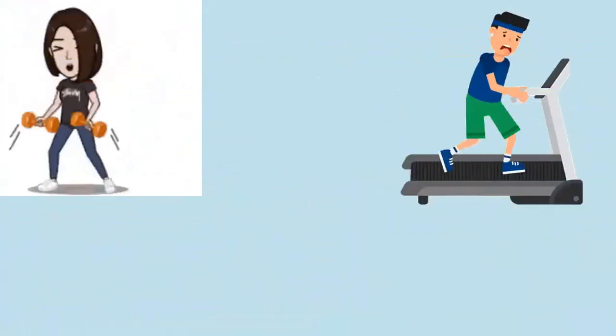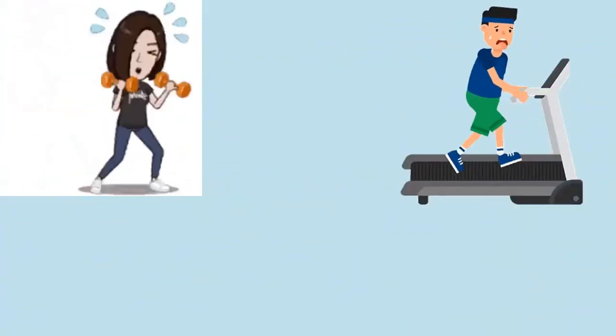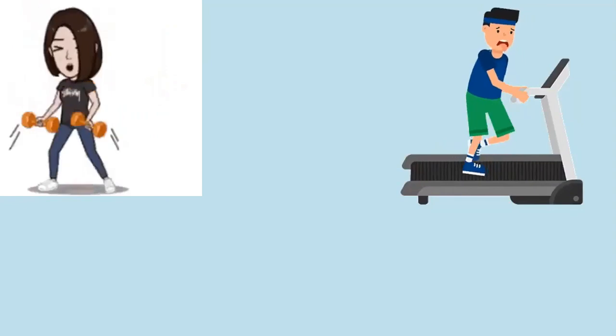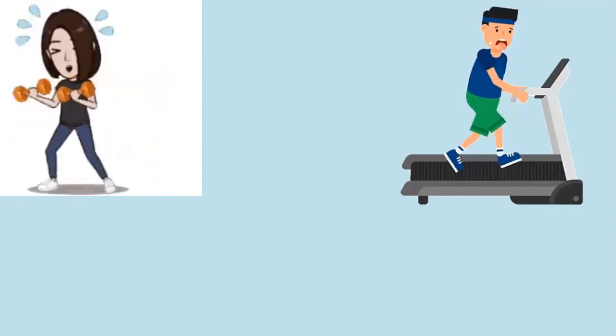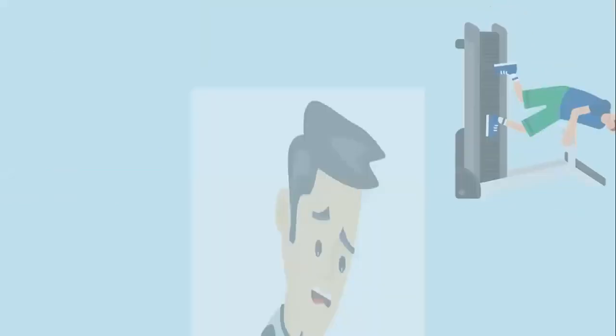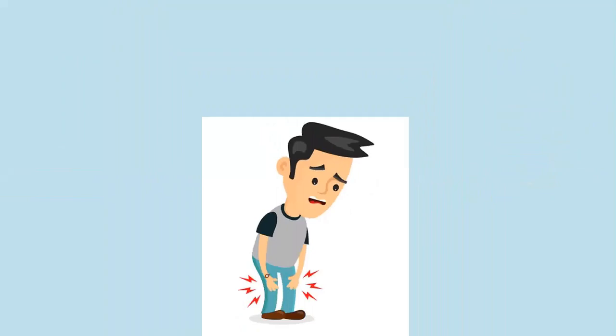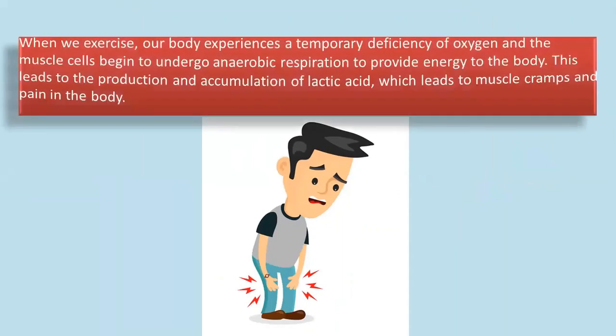Okay, so have you ever experienced pain in your arms or legs after exercising or playing a particular sport for a long time? I hope your answer is yes. Because when we exercise, our body experiences a temporary deficiency of oxygen, and the muscle cells of our body begin to undergo anaerobic respiration to provide energy to the body.